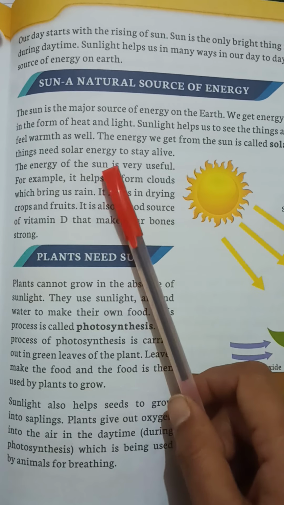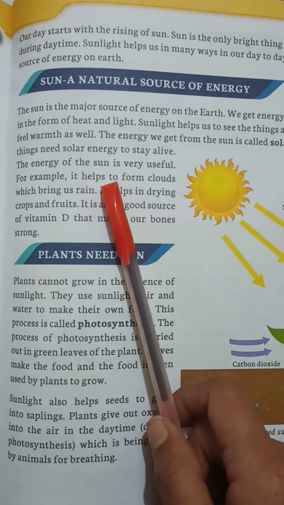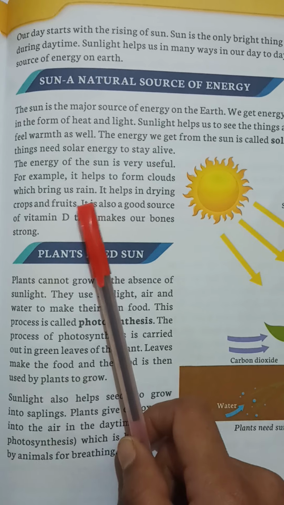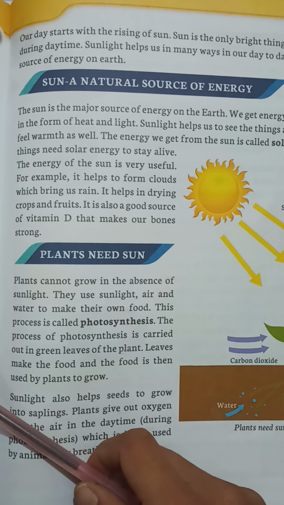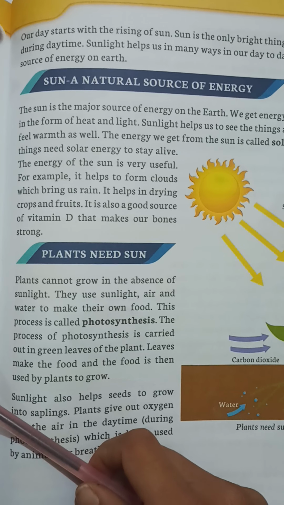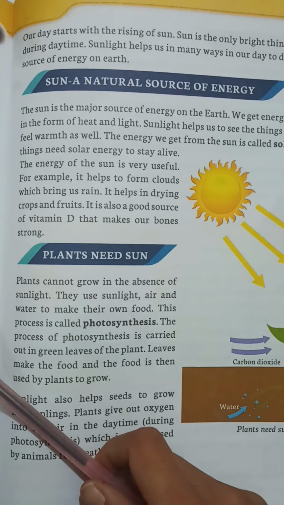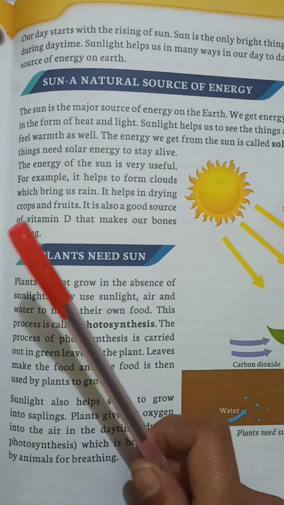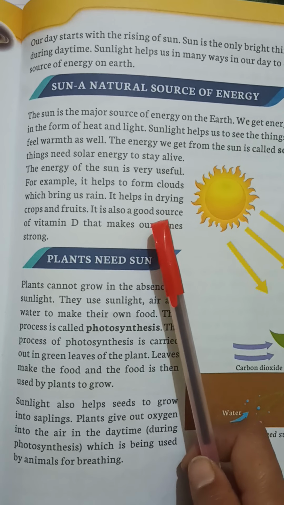The energy of the sun is very useful. For example, it helps us to form clouds which bring us rain. In the previous chapter we studied how the ponds, oceans and water bodies receive heat from the sun, and after receiving heat energy the water gets evaporated.